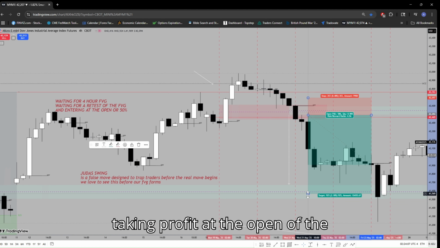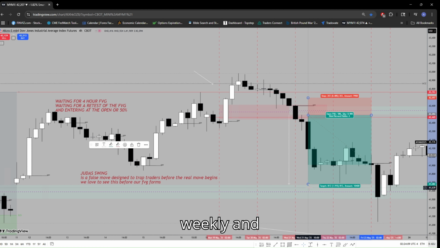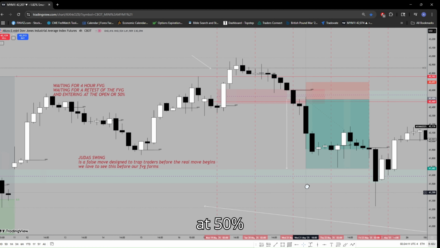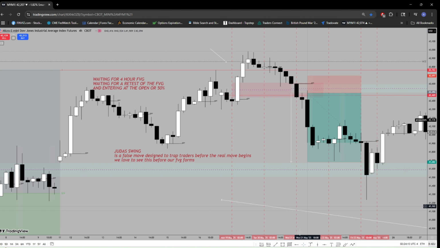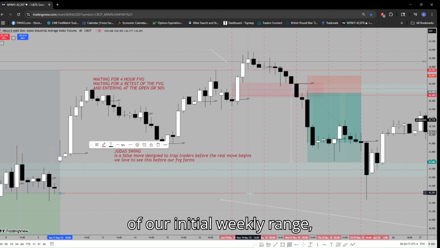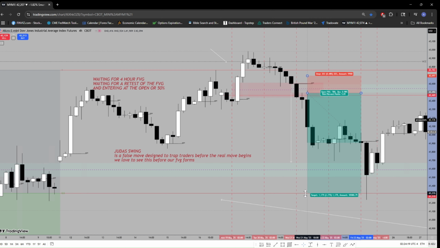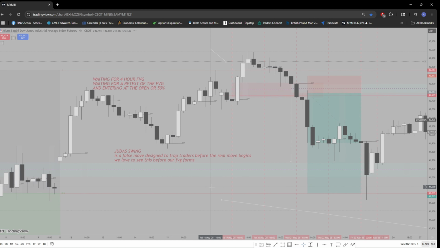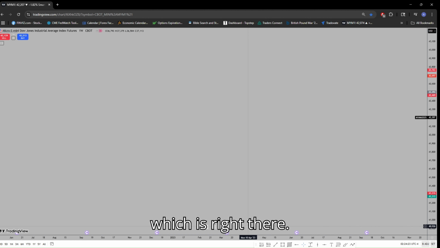taking profit at the open of the weekly and at 50% of our initial weekly range, which is right there.